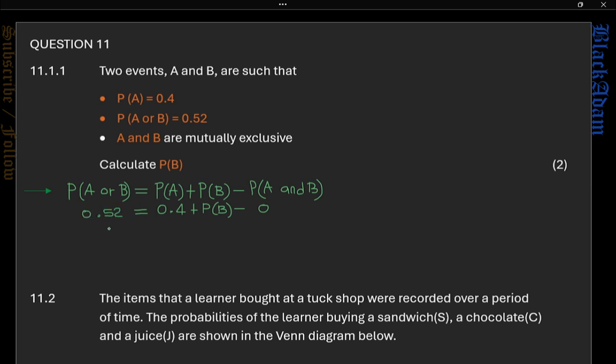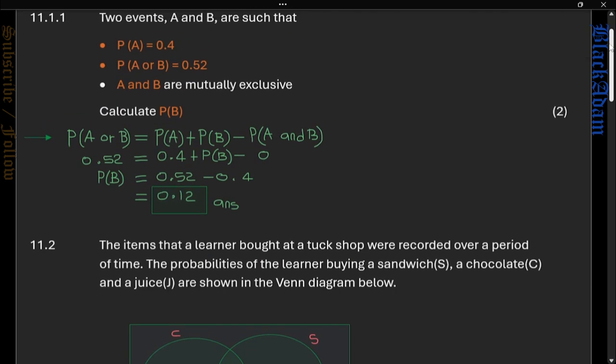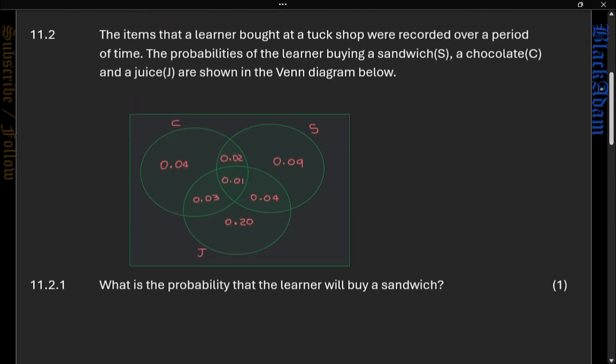So we solve for probability of B. We have 0.4 goes to the left and becomes negative 0.4, so we have 0.52 minus 0.4, and using our calculator that gives us 0.12. That's our answer.